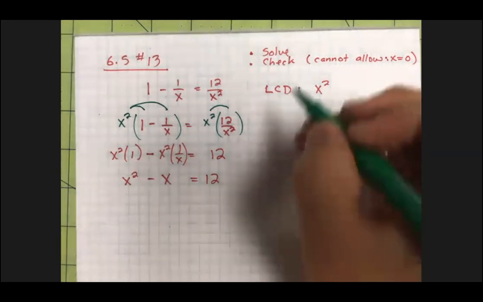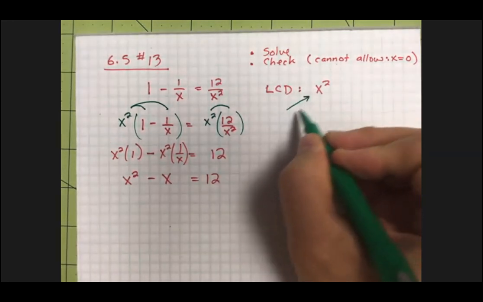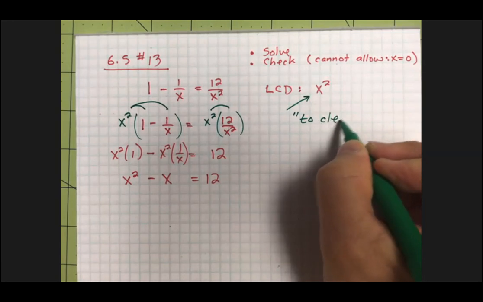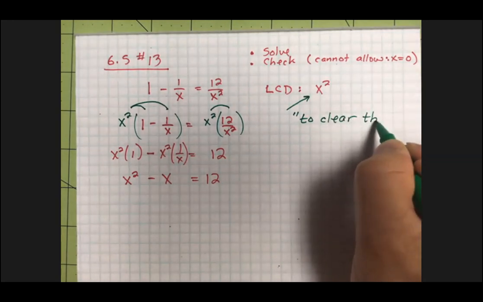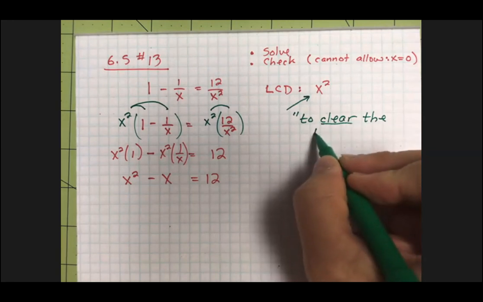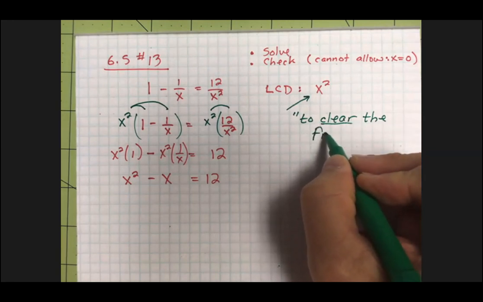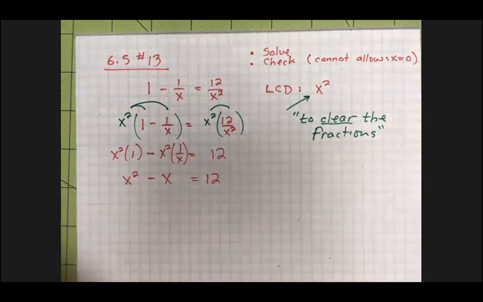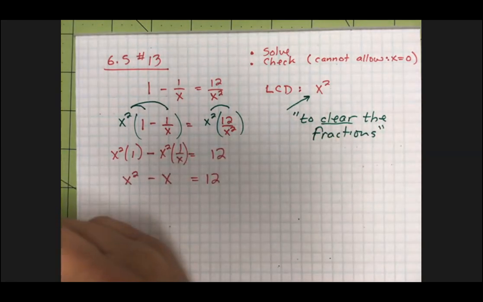So this is why we multiply by the least common denominator. Some people say it like this: to clear out the fractions, to get rid of the fractions.